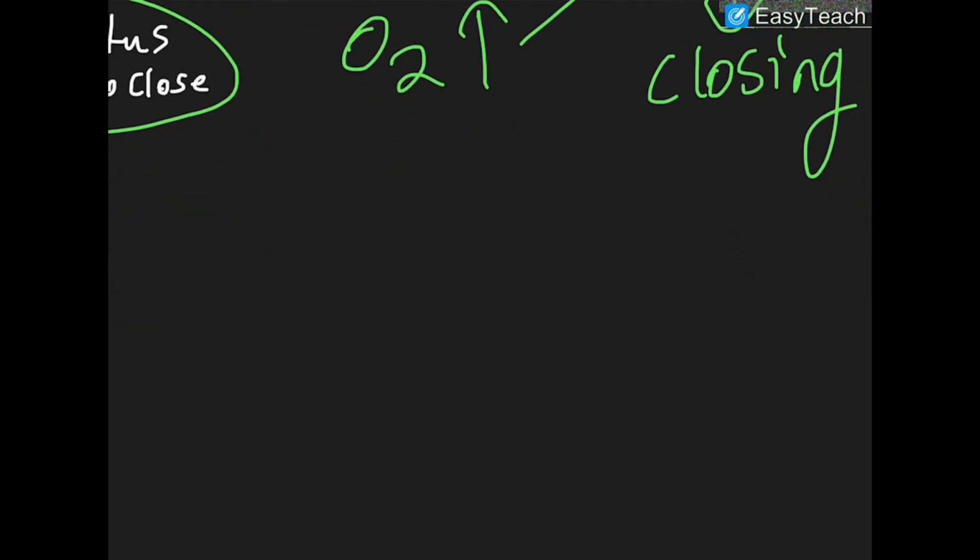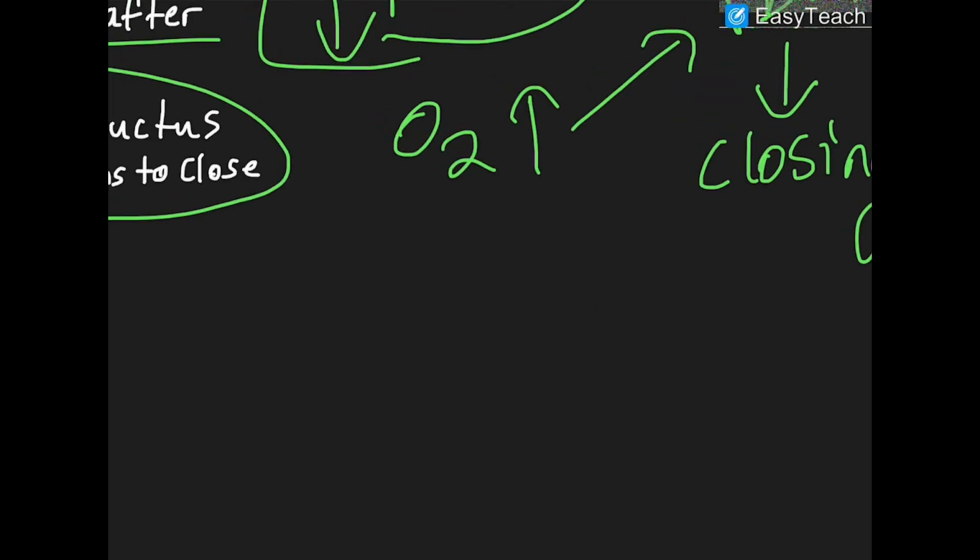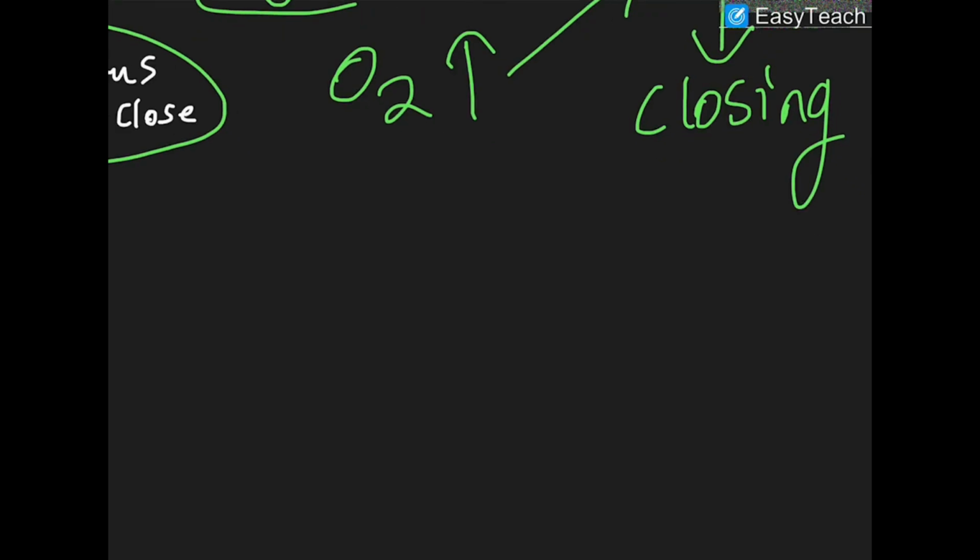So now if that starts to close, that's going to lead to severe cyanosis, and that can lead to severe shock, metabolic acidosis, profound hypoxemia, and we went over the reason why.